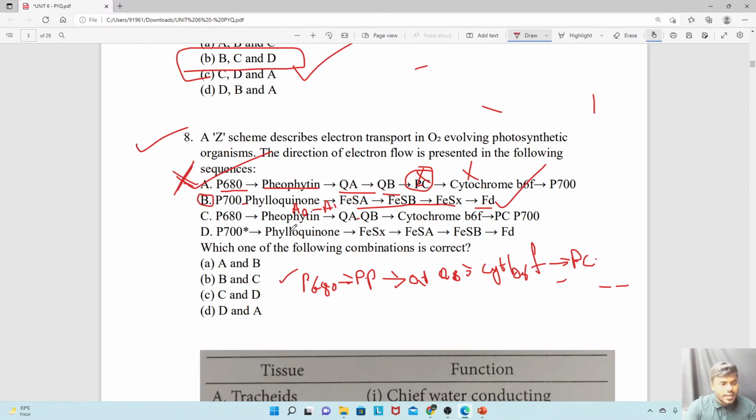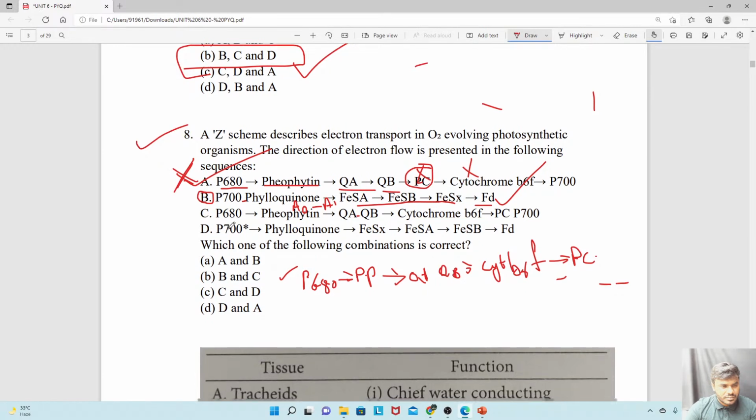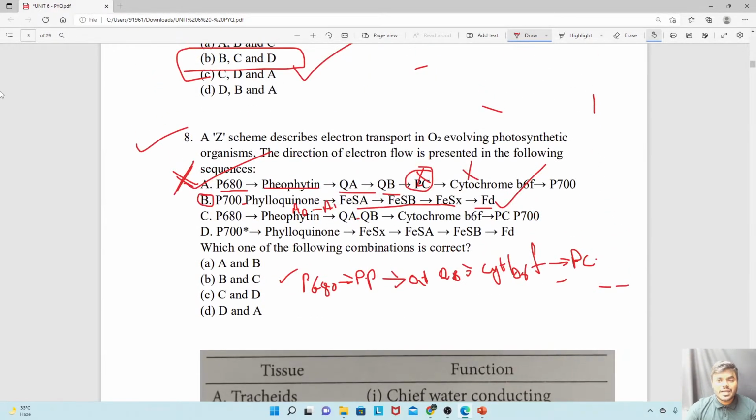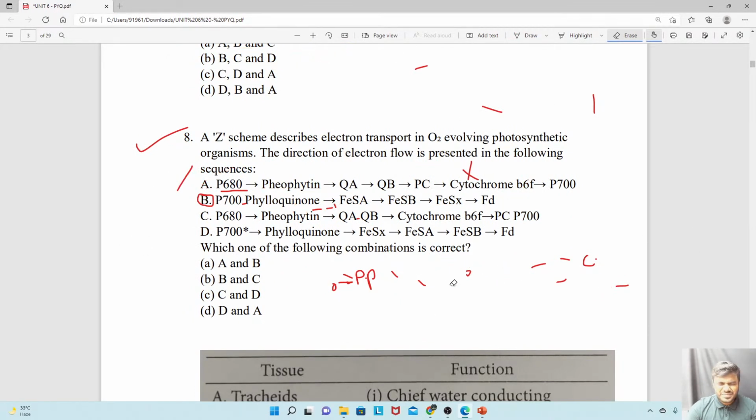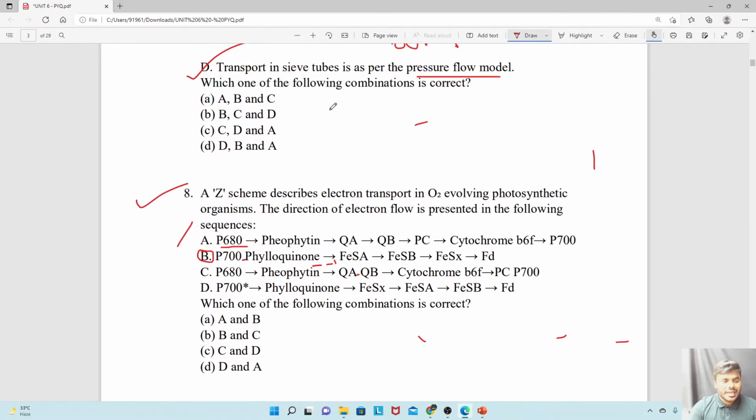Option A is wrong. Option C, friends. One second. What is wrong? I'm sorry, friends. I think I made it wrong. I'm extremely sorry. Just give me one minute. First let me write, because of this I got confused.